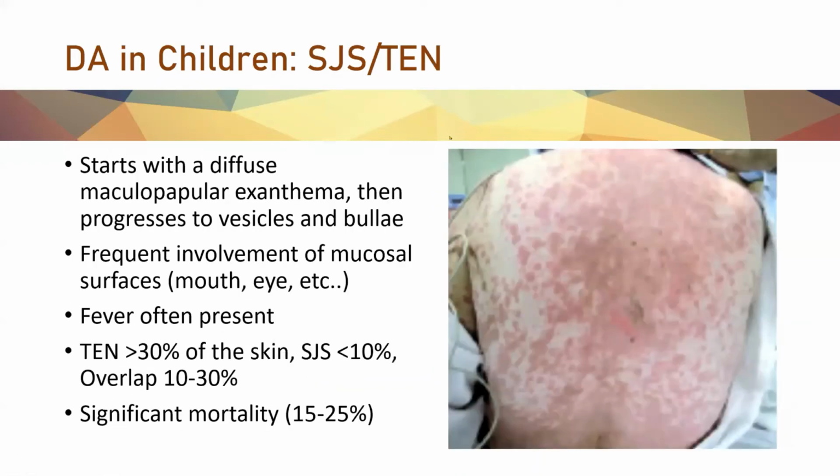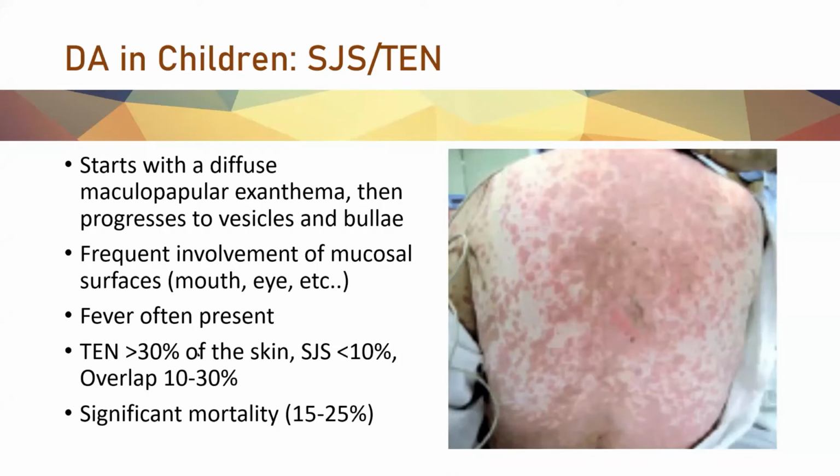So Stevens-Johnson syndrome and toxic epidermal necrolysis is another very severe type of reaction. Usually it starts again with a diffuse maculopapular exanthema. So at the very early stage, it's difficult to differentiate this reaction, but this patient quickly progresses to a very severe phenotype. There is frequently a mucosal involvement, which is usually something that can help a lot in identifying these two diseases.